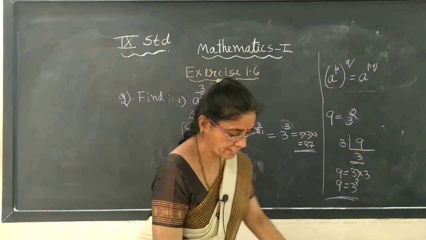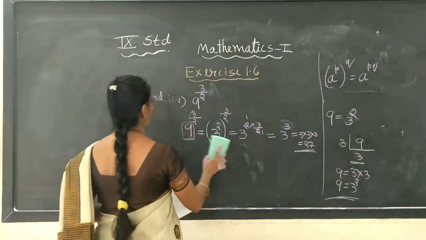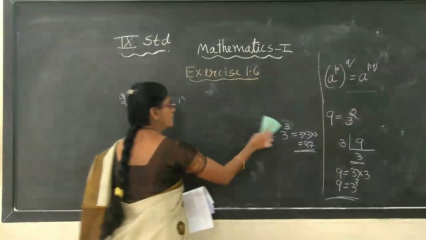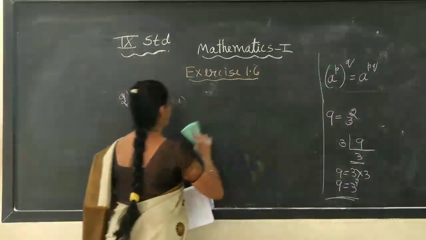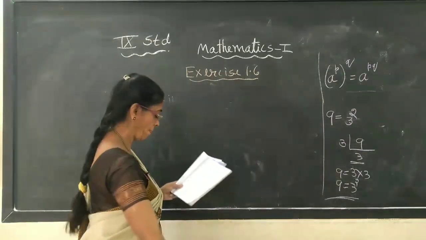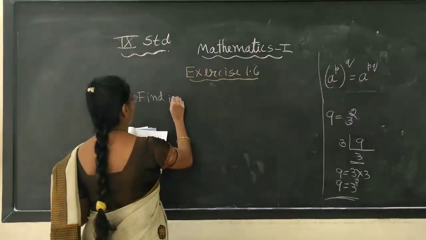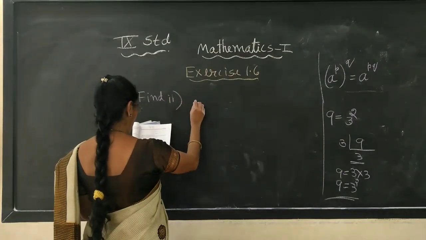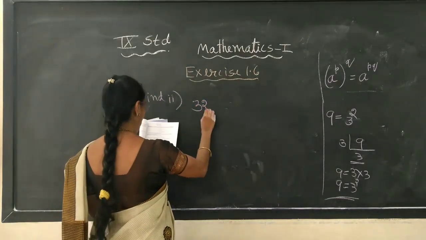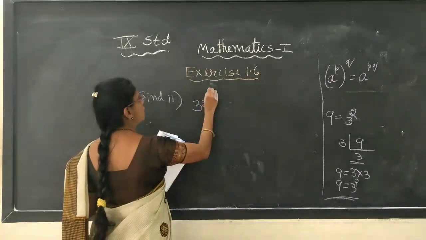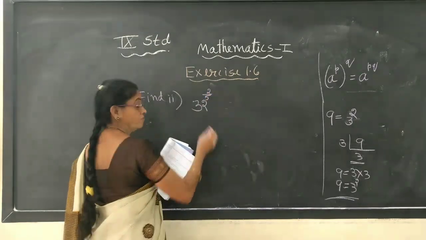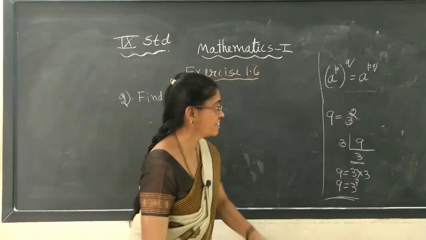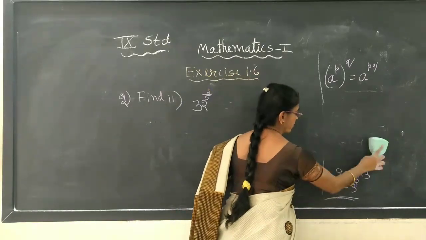Will you try now? Second one, children, do it now. Open your book and do it. Second one, it is 32 to the power of 2 by 5. Write 32 in exponential form.